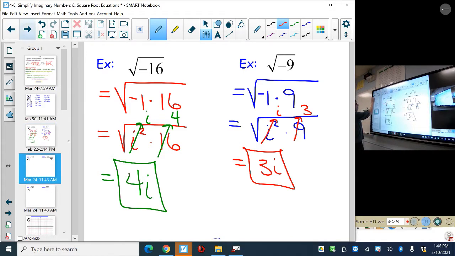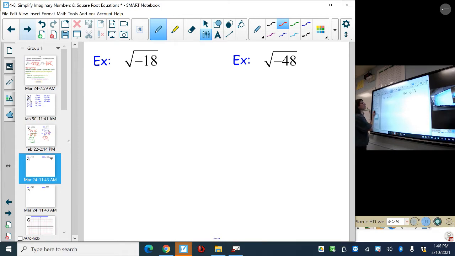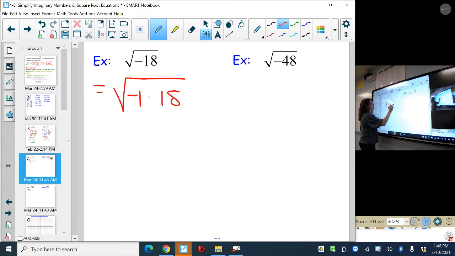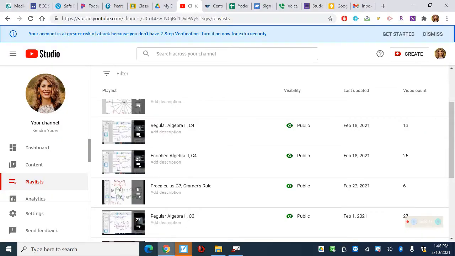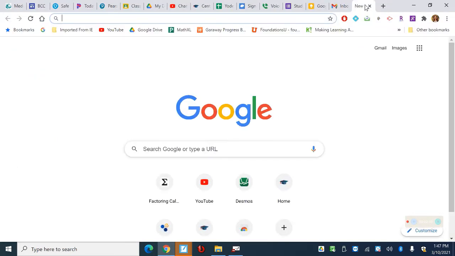Okay? Next, same thing. This is a little bit more though, so this is going to be negative 1 times 18. Then negative 1 is i squared. Then we're going to come over to our factor finder, which is our calculator soup.